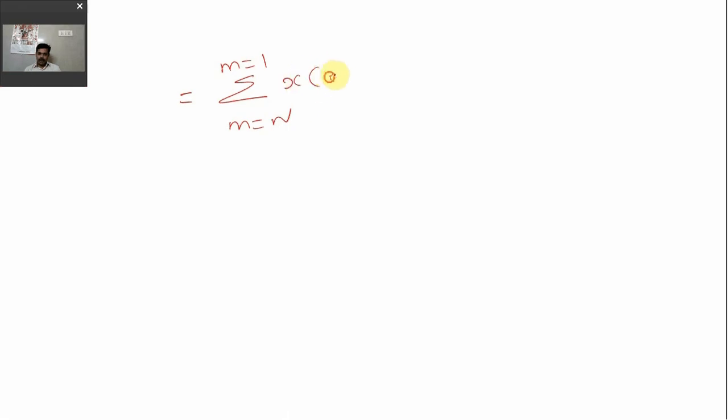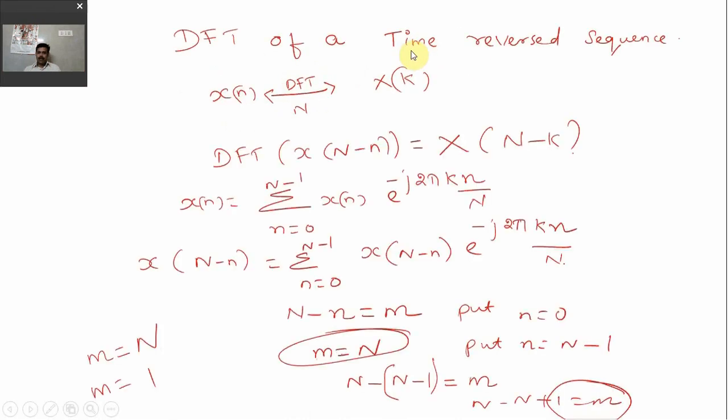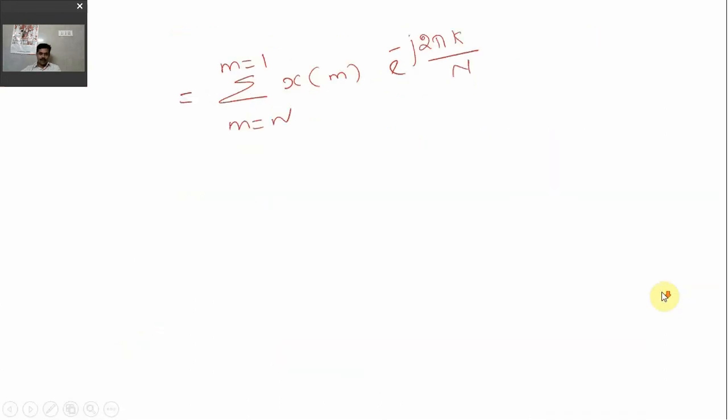x of m into e to the power minus j 2 pi k by N into, in the place of n, you are substituting from this: n is equal to N minus m.